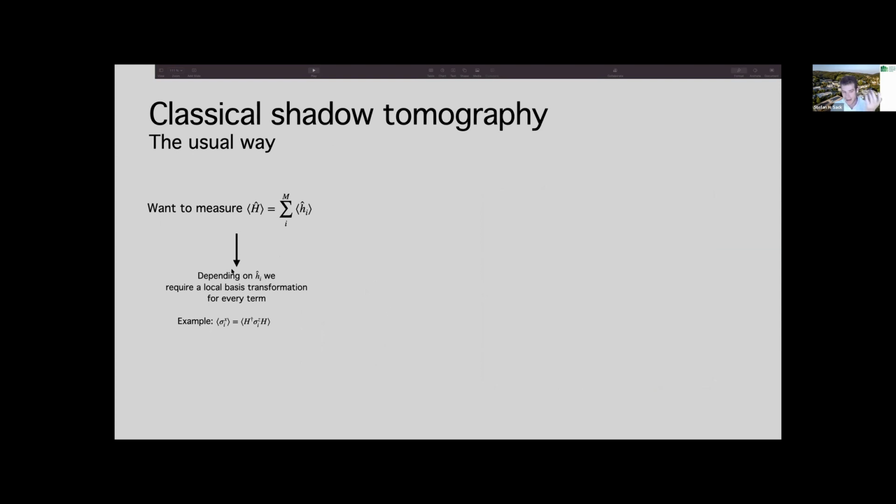So if we encounter a Pauli X or Pauli Y, we need to do a basis transformation. For every term, we need to do this. This means that to measure the full energy expectation value, we need roughly M measurements. It scales linearly in the terms. And then there's this 1 over epsilon squared, which is an additive error, so there's energy plus minus epsilon. This is the scaling of the number of measurements.